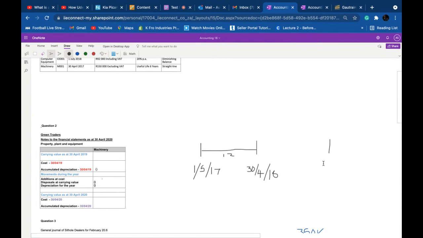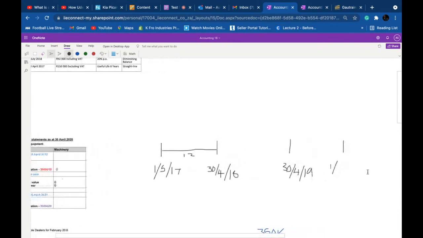The next one will end on 30 April 2019. And they said we sold it 1 January 2020.